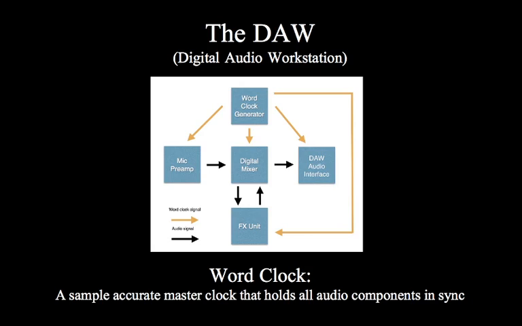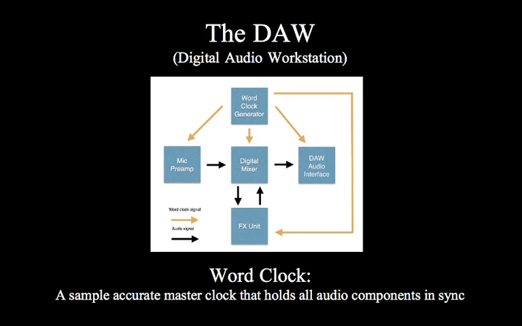The other concept I want to introduce you all today is word clock. And this is really about how all of this connectivity and synchronization happens when we're using a DAW. Word clock is a sample accurate master clock that holds all audio components in sync.